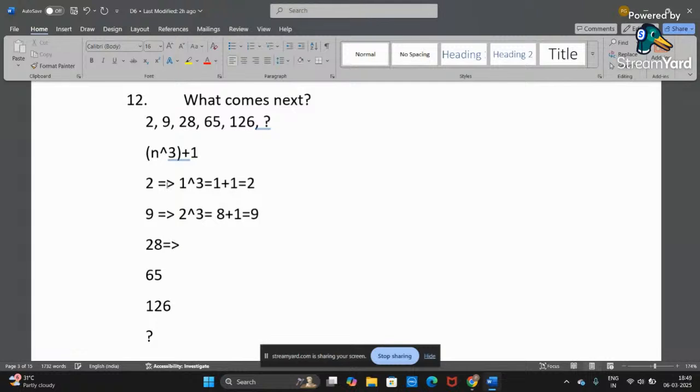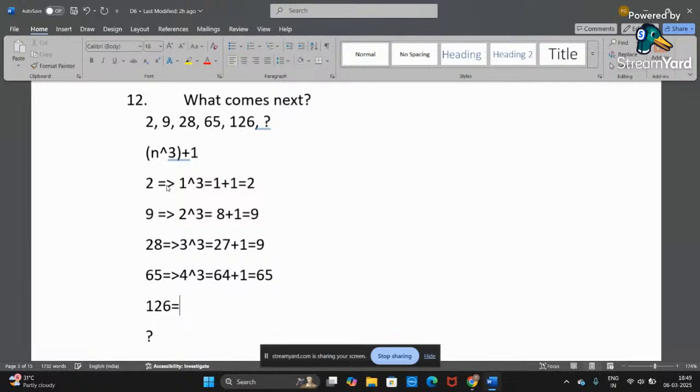So the same way, 3 to the power 3. How much is it? 27 plus 1 is 28. The same way, 4 to the power 3 equals 64, plus 1 equals 65.